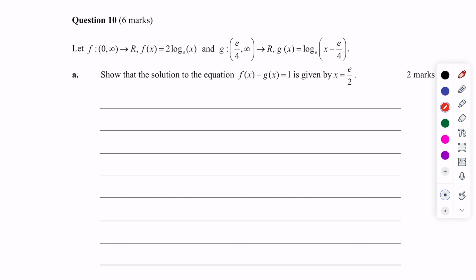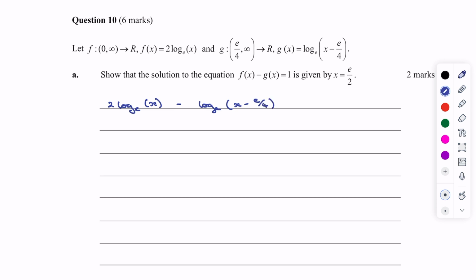Okay, so show that the solution to the equation f(x) minus g(x) equaling 1 is given by x equals e on 2. There's a couple of ways that we could do this. What I would tend to do is try to solve it like a proof. So I would say 2 log e x, that's f(x), minus g(x), which is log e of x minus e on 4.